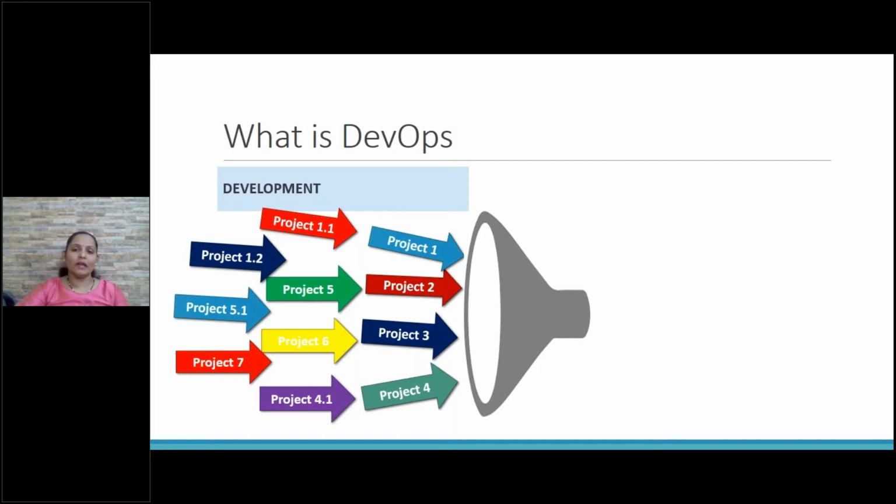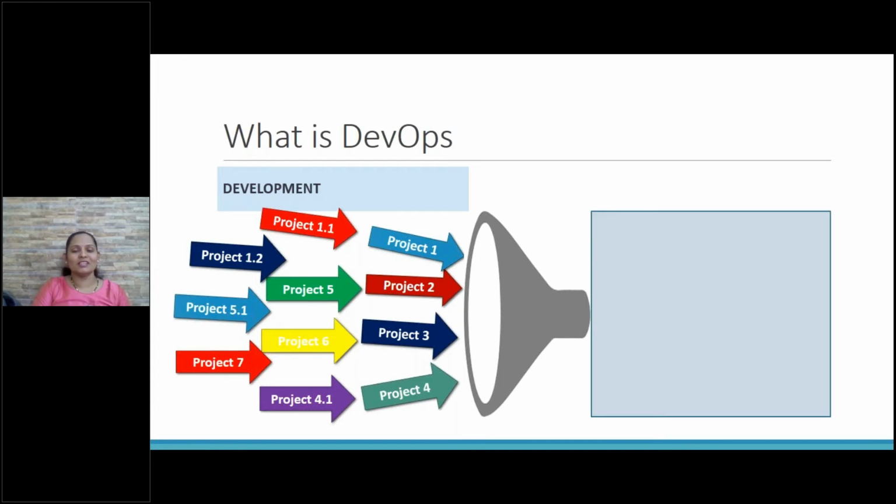So when you try to put that onto production environment, what happens basically? The process to put into the production environment to actual use is filtered out. Let's say this is your production environment. In a production environment, everything goes in a sequential order.